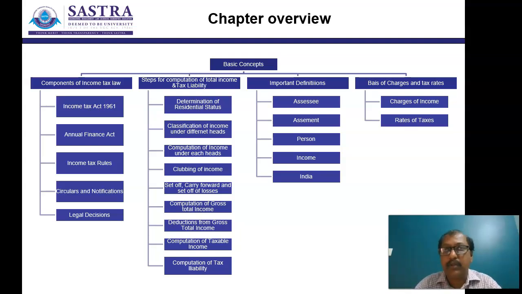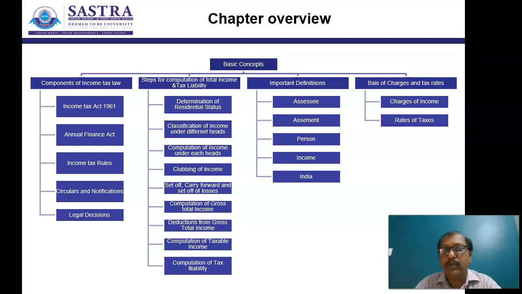But then, suppose an individual lives in a self-occupied house, there can be some losses on the self-occupied house. Say for example, if an individual constructs a house by taking a loan, the interest that is paid and the capital redemption, that is the repayment of the loan, both these things can be taken up as the loss on the house property. This can be adjusted with the other income.